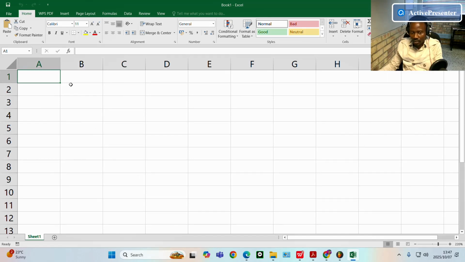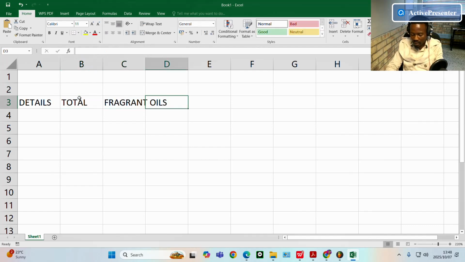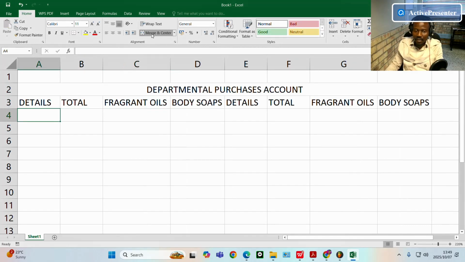Right, so let me start by putting total oils. Basically what we're going to be doing here is the purchases account.